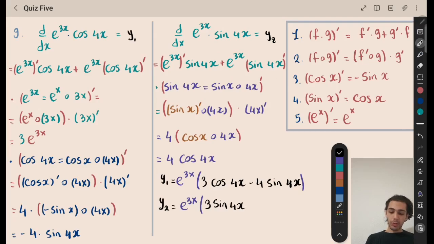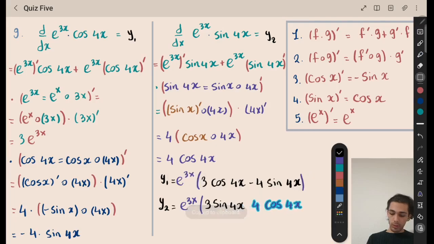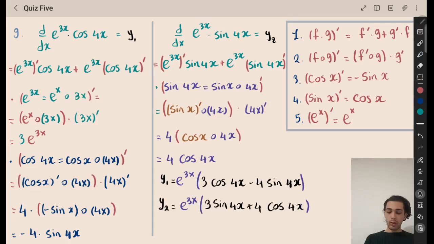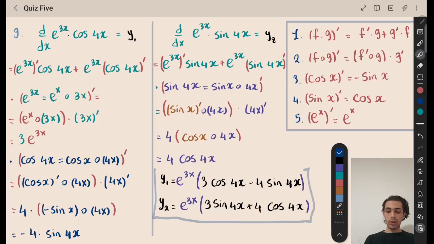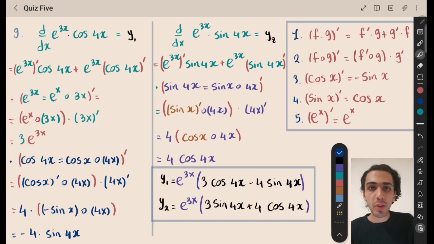But here the derivative of sine 4x is 4 cosine of 4x. So this is what we are adding here. And these are the two derivatives. This is how you do it from scratch. So you start from nothing and you build your way up.